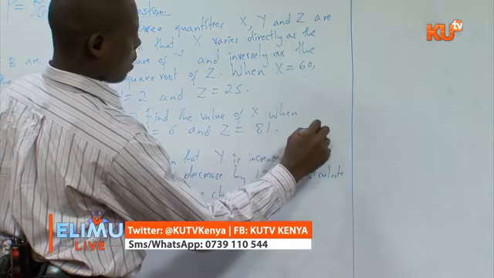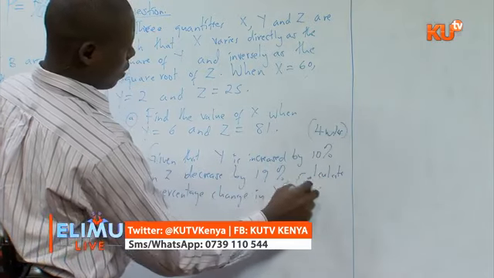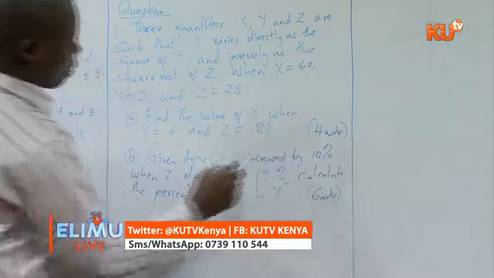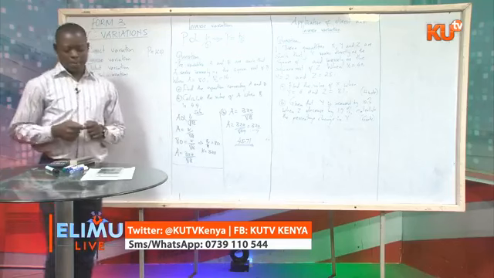Now let's give this part A 4 marks, and let's give this part B 6 marks. Then we'll work out and see how we get the 10 marks.